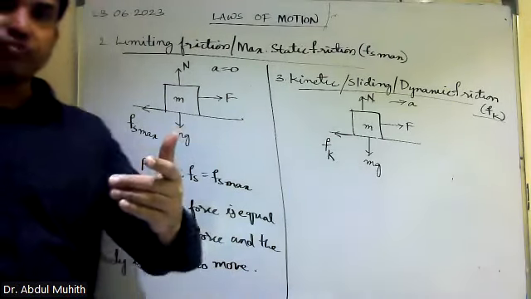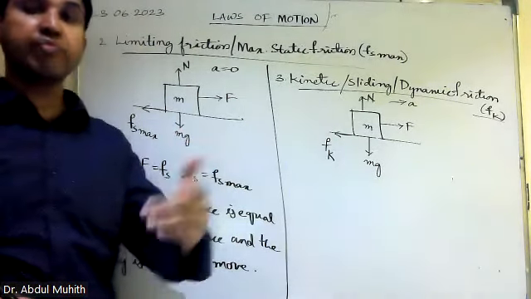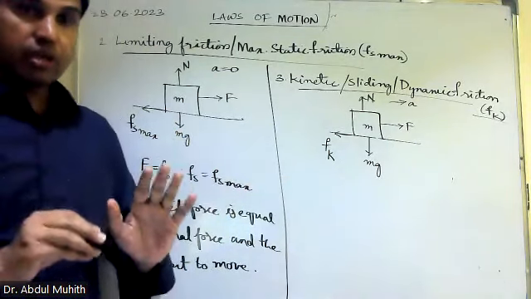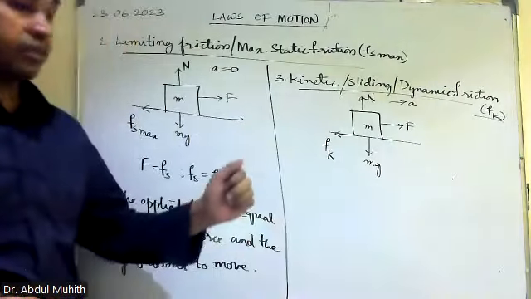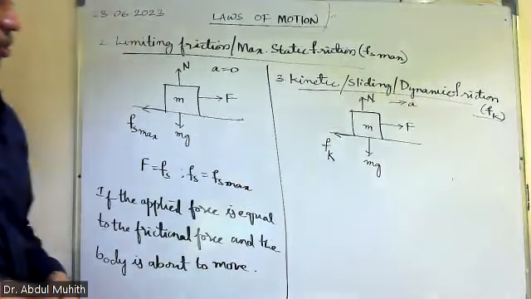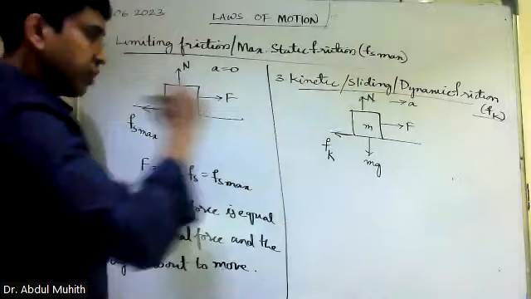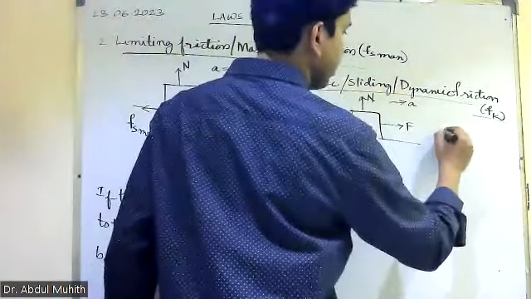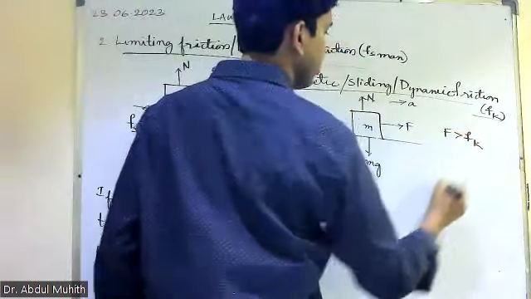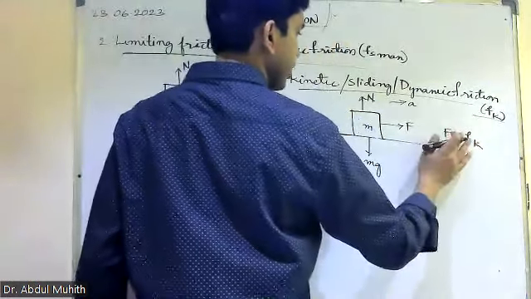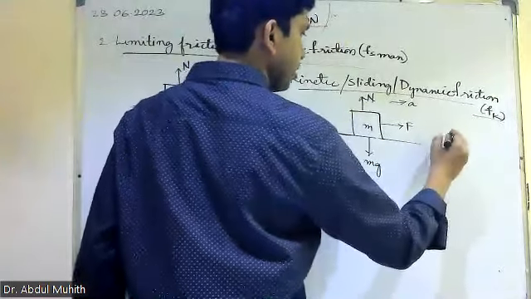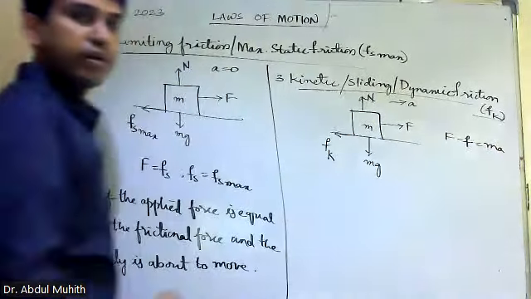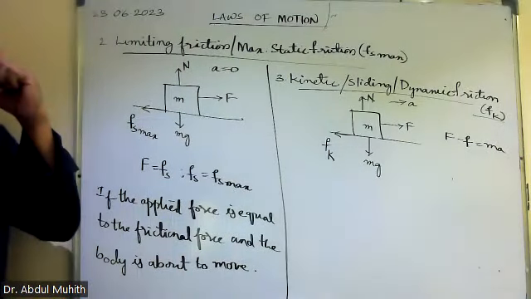If the applied force is greater than the frictional force, we are pushing, and the body started moving, then that friction is known as kinetic friction. Now, A is the acceleration. So here we write: if F is greater than Fk, the frictional force, then capital F minus small f equal to Na, the resultant force.